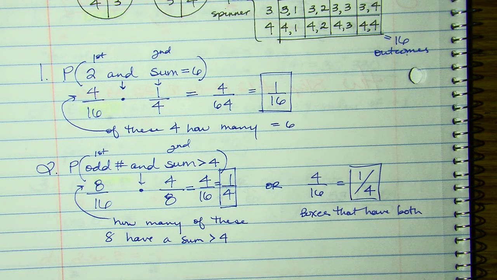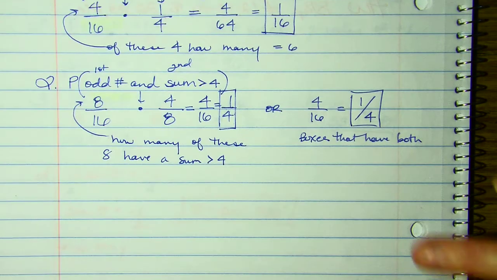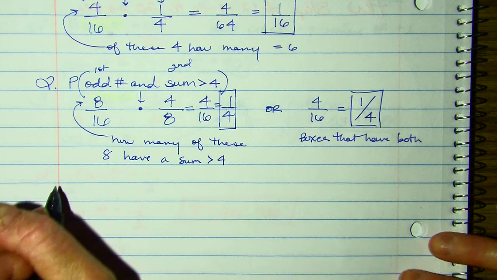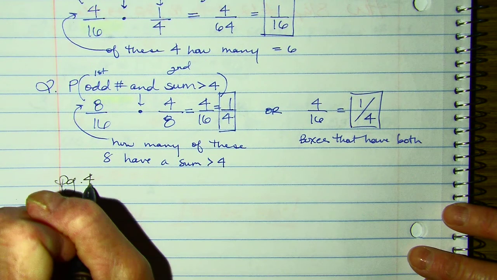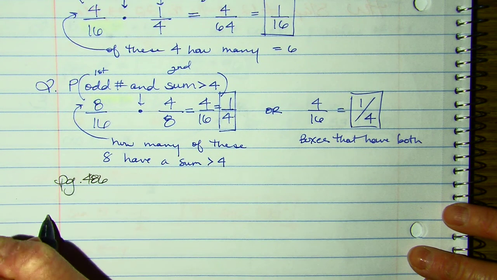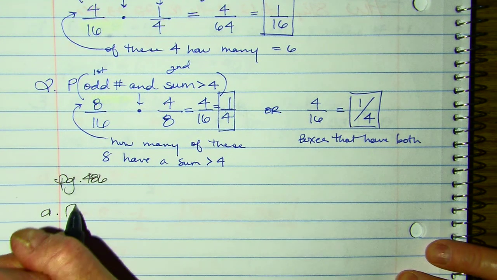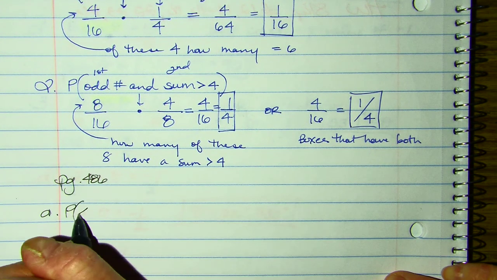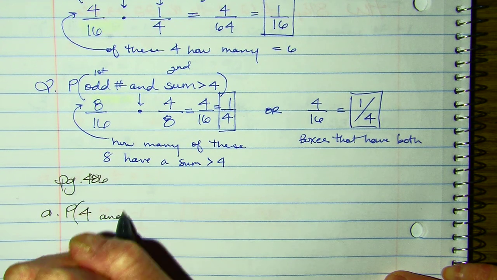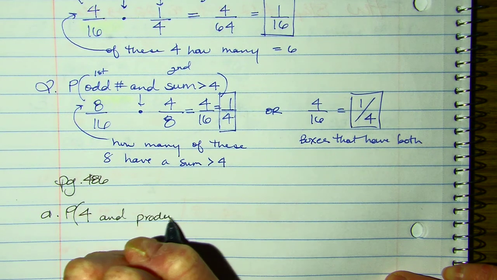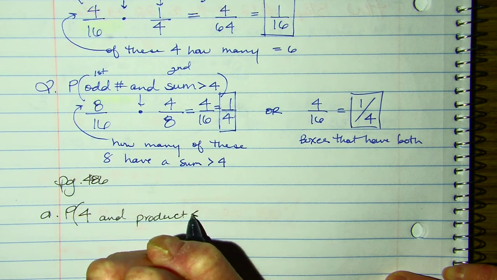So let's try a few from our lesson practice. Our lesson practice is on page 486. Let's start with part A. Part A says, and I believe it's the same spinners, yep: what is the probability the first is a 4, and their product, meaning if you multiply the 2 numbers, is less than 10?